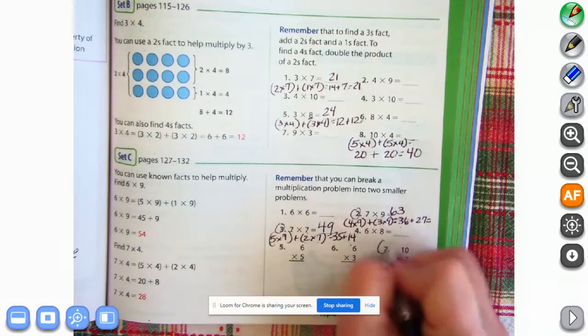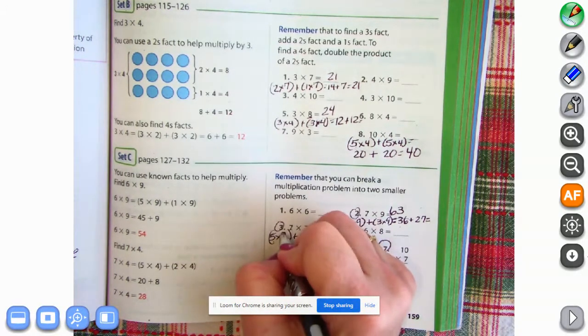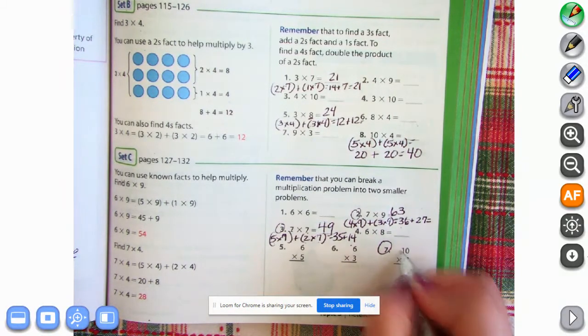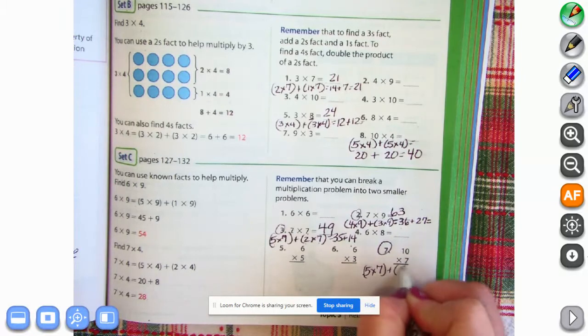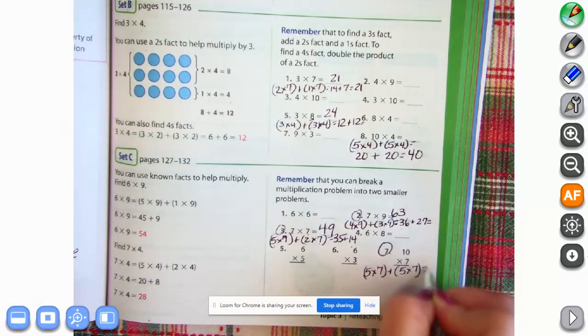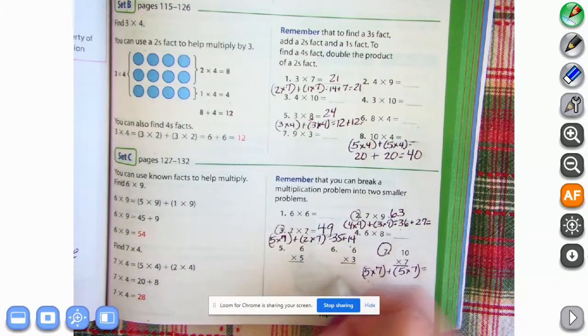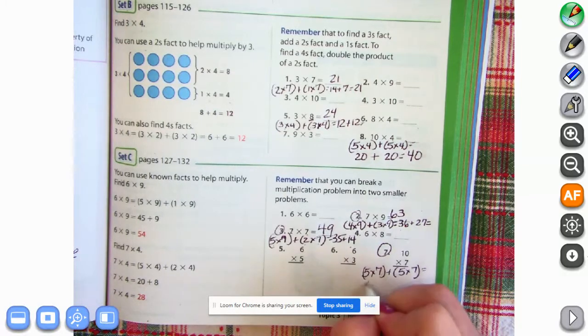Let's do number 7. So if you need to get this copy down, go ahead and get this copy down. 10 times 7, I would break into 5s. I would do a 5 times 7, because I know that's an easier one to do, and a 5 times 7. 5 times 7 is, we can do this way, 5, 10, 15, 20, 25, 30, 35.